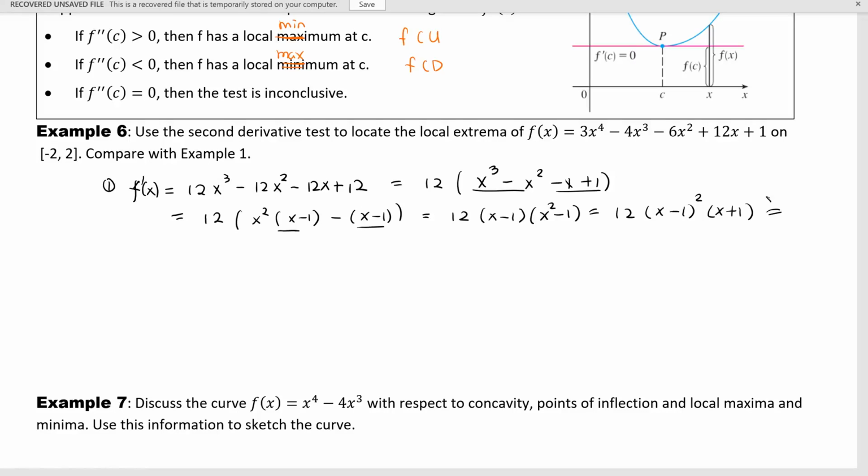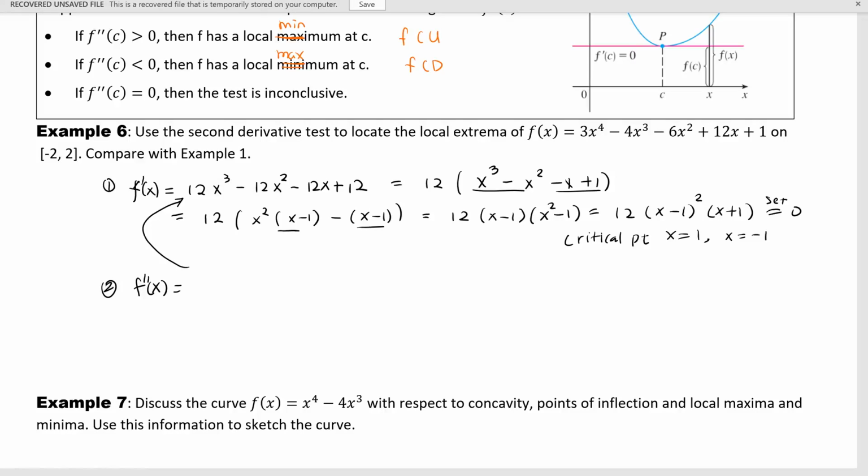Okay, so you set it equal to 0. You know that there are two critical points. Okay, so here are the critical points. Alright, then let's find the second derivative. Do you differentiate the factored form or do you differentiate this one? You differentiate this one, right?